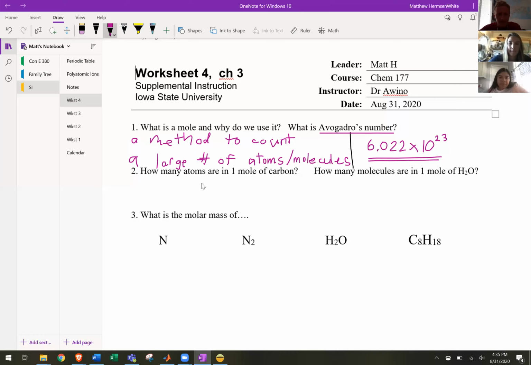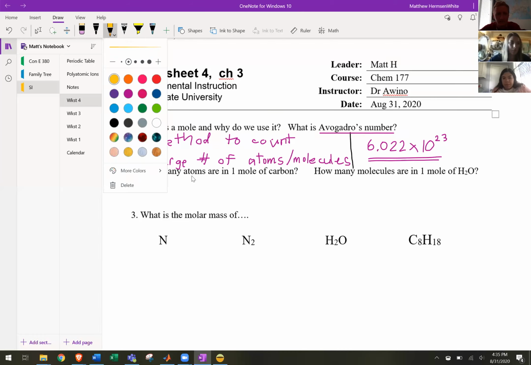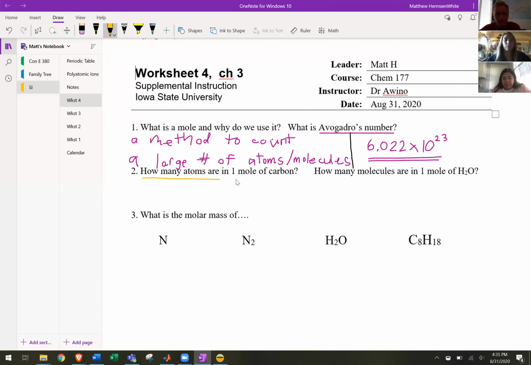Okay, so number 2, knowing that 1 mole is always this number here. How many atoms are in 1 mole of carbon? Does anyone know how many atoms are in 1 mole of carbon? So this one, it's not a trick.